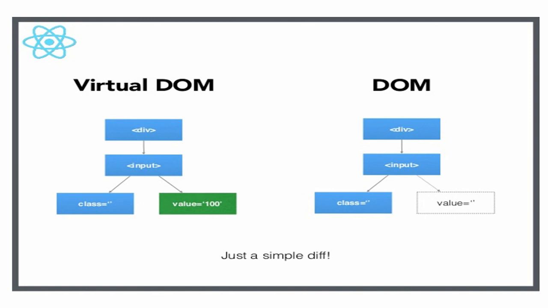It compares both the virtual DOM and the actual DOM, and if it finds a change, it updates only that particular portion in the actual DOM, and due to that it improves the performance of our applications.